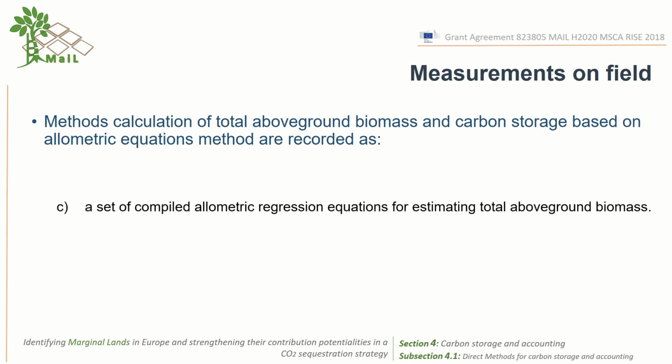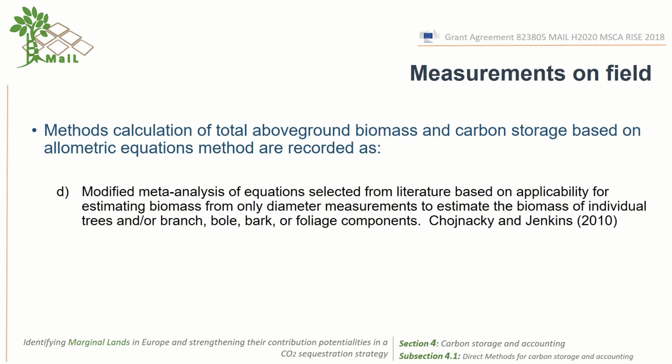A set of compiled diameter-based allometric regression equations for estimating total above-ground biomass. Or modified meta-analysis of equations selected from literature based on applicability for estimating biomass from only diameter measurements to estimate the biomass of individual trees and or branch, bole, bark, or foliage components.